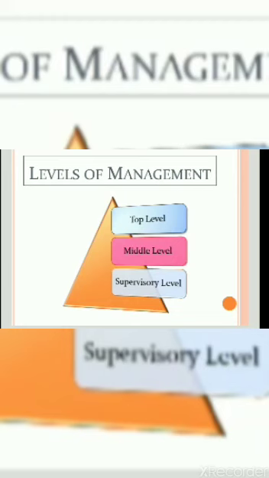And third is supervisory level. In supervisory level, it includes supervisor, superintendent, foreman, section officer, clerk, sub-department executive, etc. So these are the levels of management.